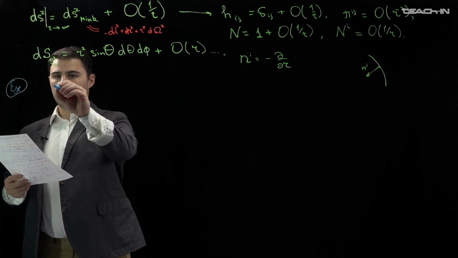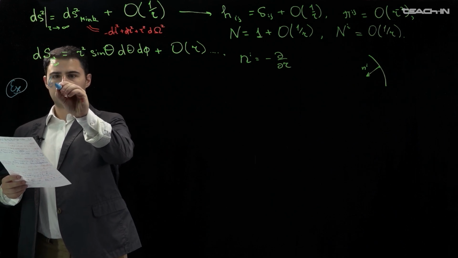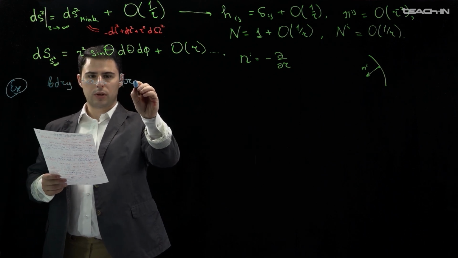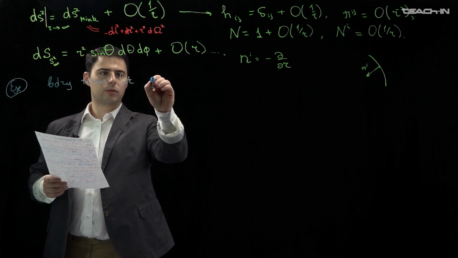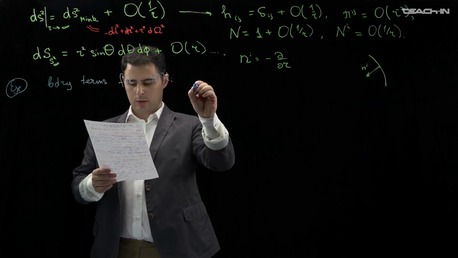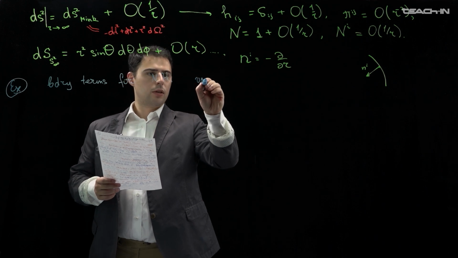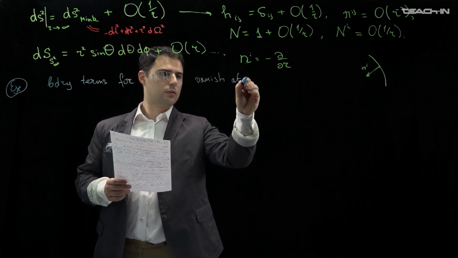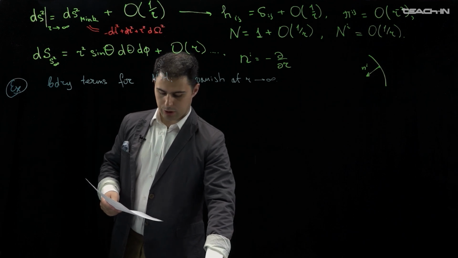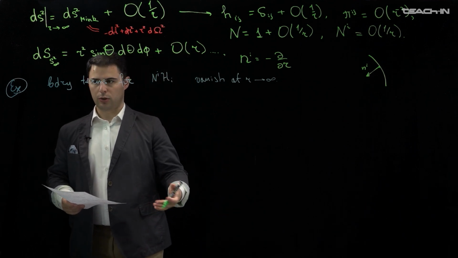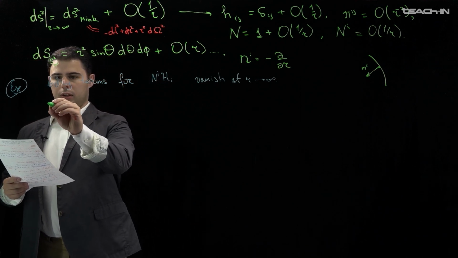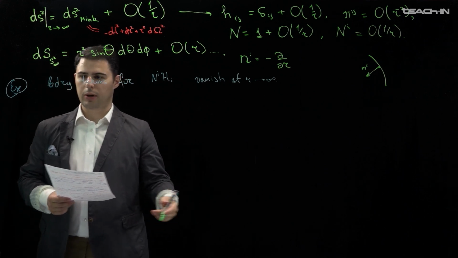So one can see that the only relevant boundary term for chi comes from rewriting the scalar curvature, and we will naturally call it the ADM energy.